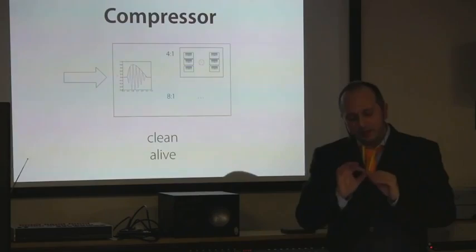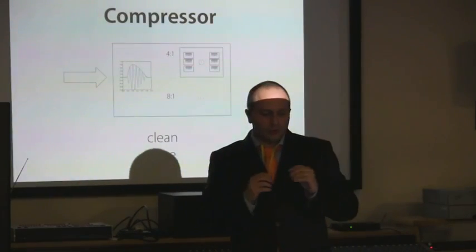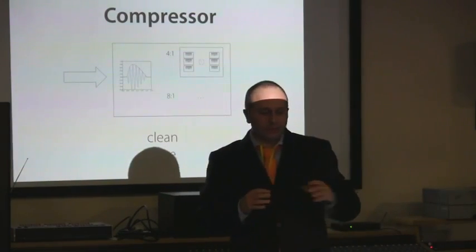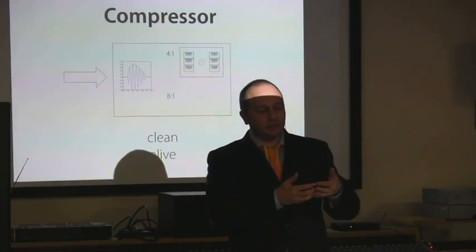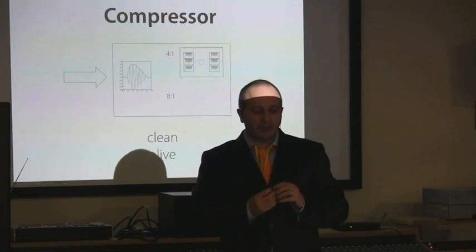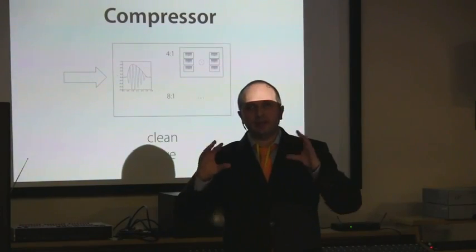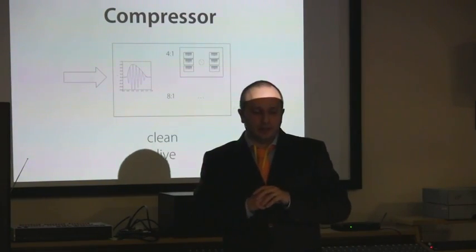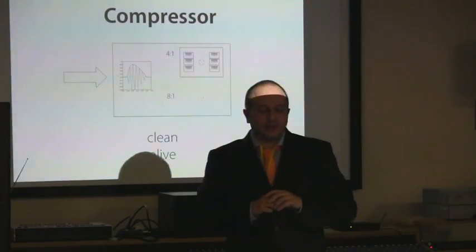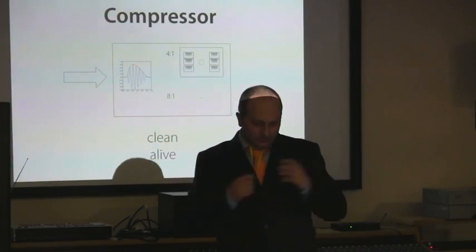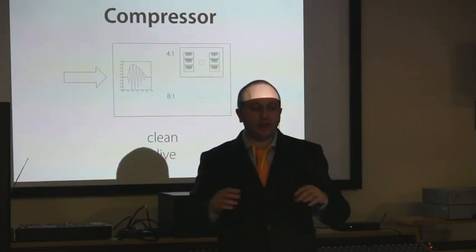I omitted it in order to not create too much confusion. So there is an assessment of the input by a detector, and you are selecting a different group of audio samples, which are, for example, different compression ratios, 4:1, 8:1, and so on.